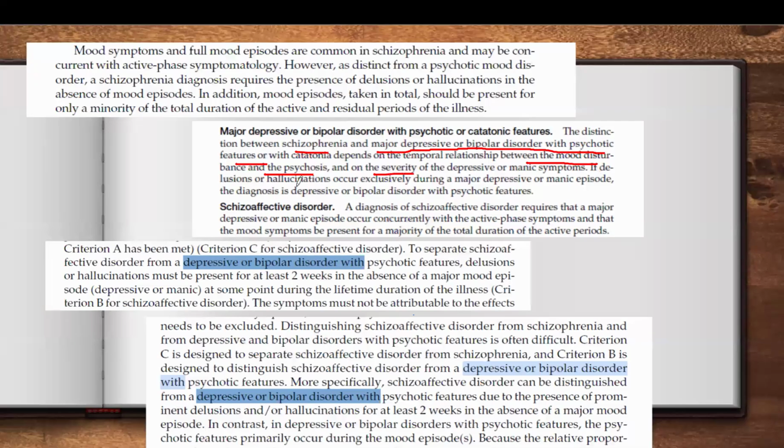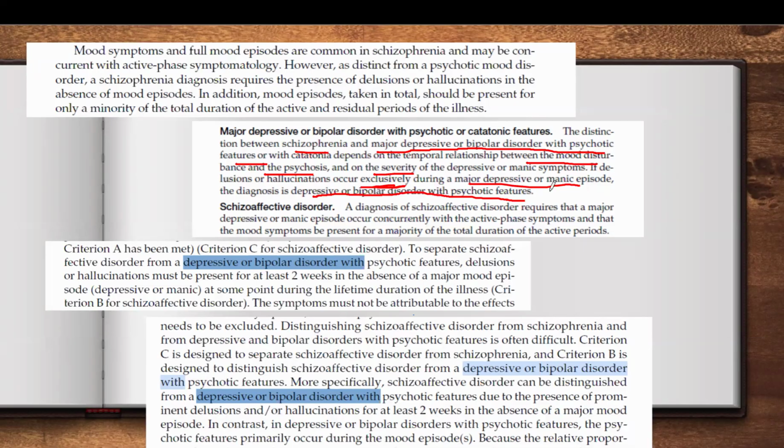If delusions or hallucinations occur exclusively during a major depressive or manic episode, then this is depressive or bipolar disorder with psychotic features. Okay, in short, or to summarize, if you have hallucinations or delusions apart from the mood symptoms, that is insomnia and anhedonia.